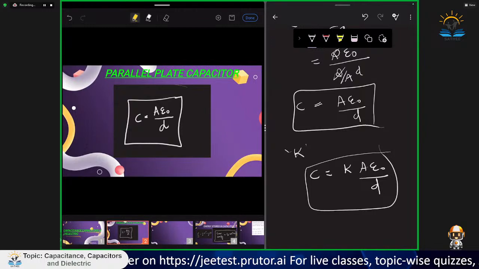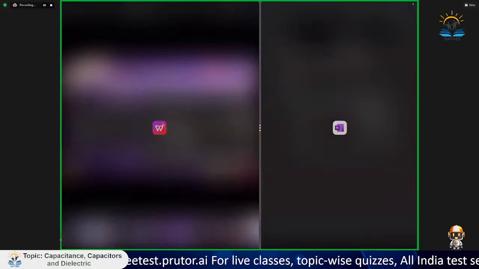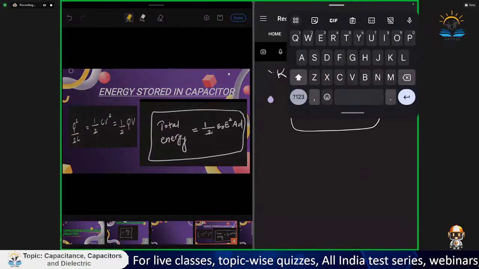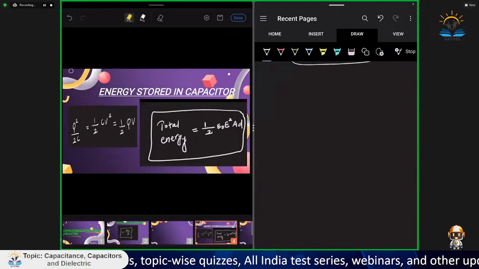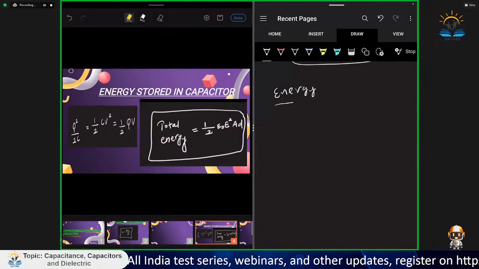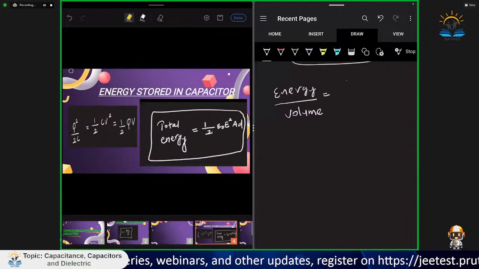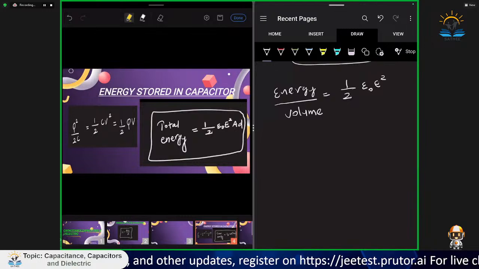Next is energy stored in a capacitor. Before the energy stored in a capacitor formula, we know that the energy density, that is energy per volume, is half epsilon E square.